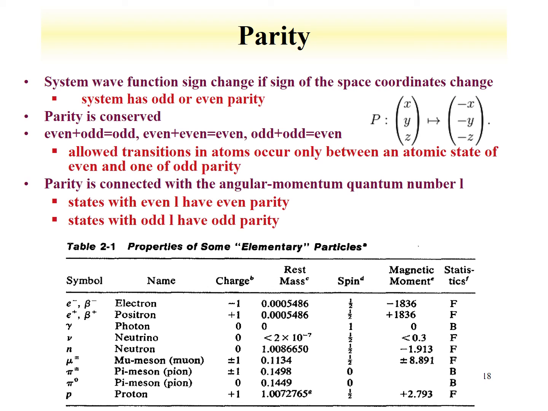You can think of parity as just another term to describe the behavior in quantum mechanical state of the system that you're exploring. Parity has to be conserved, so there are certain trends: even and odd go to odd, even and even are even, odd and odd go to even. What this really means is, as a nucleus decays and goes from one state to another, spin is important and parity is important.